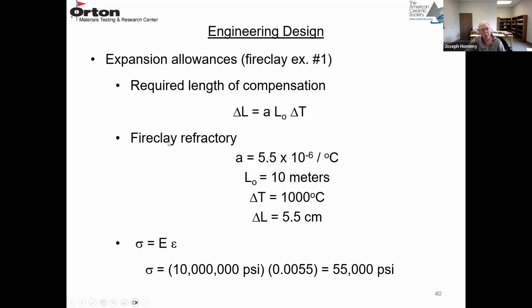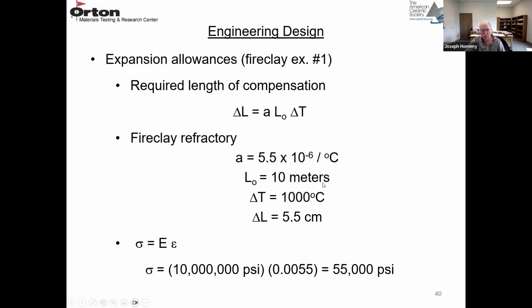So if we look at an example for an expansion allowance with fire clay, fire clay refractories have pretty low thermal expansions. It's 5.5 times 10 to the minus 6 per degree C. Alumina is about 8.4 and MgO is about 13.5. So fire clays are actually pretty low.